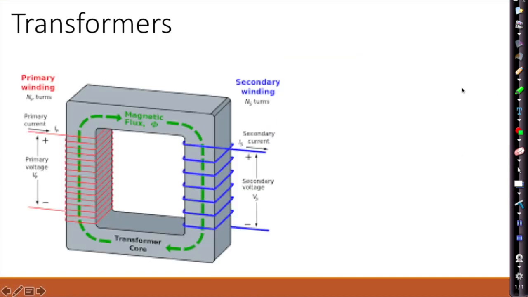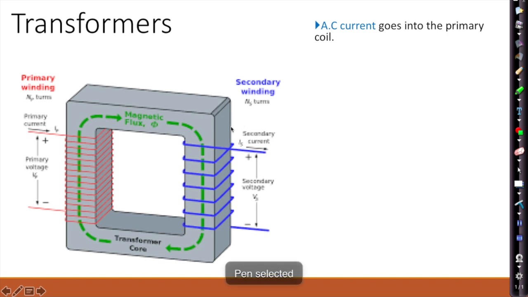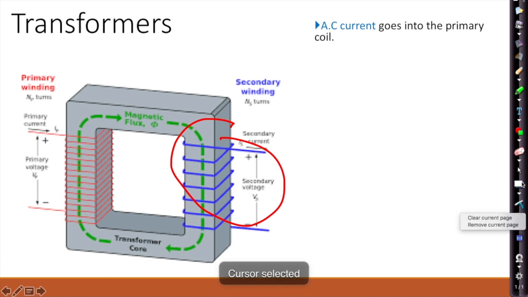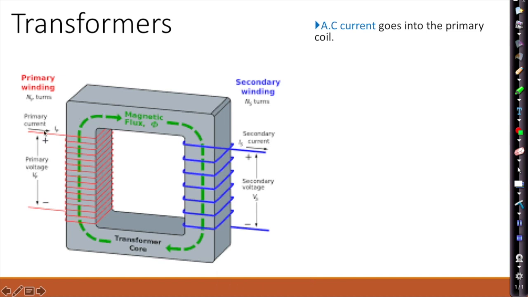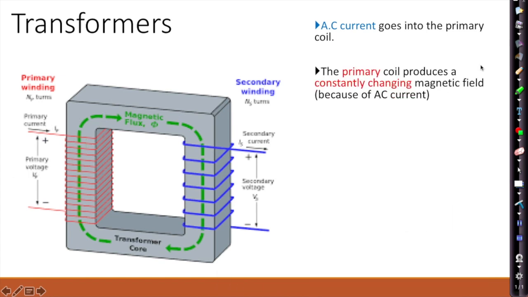Looking at our transformer again in a little more detail, why exactly does voltage get induced on this secondary side? How does that happen? Okay, so AC current goes into the primary coil. So we've got an alternating current coming in on our primary side. The primary coil produces a constantly changing magnetic field.